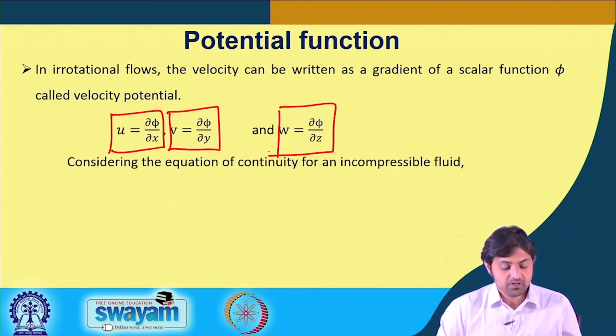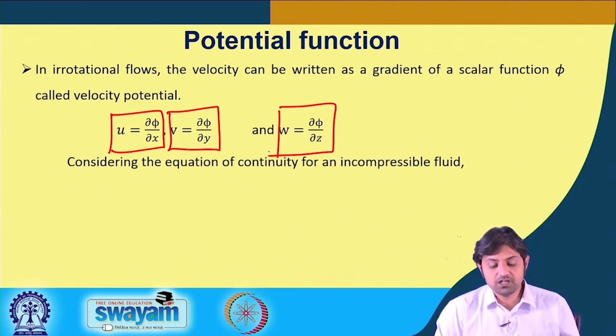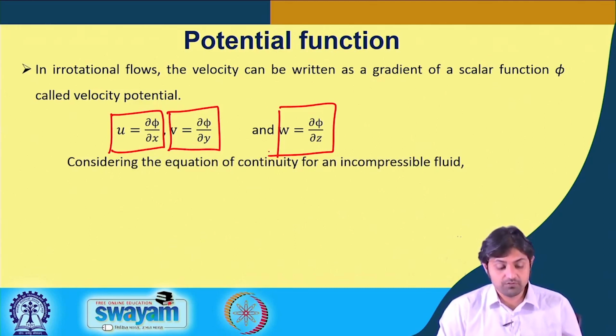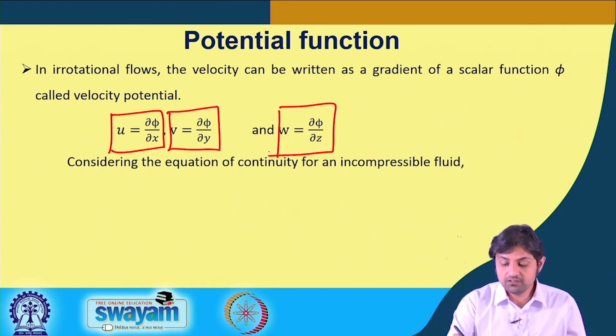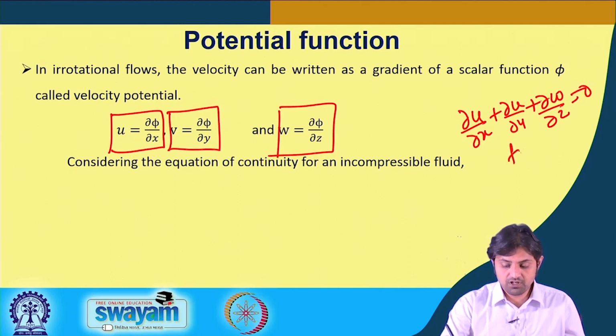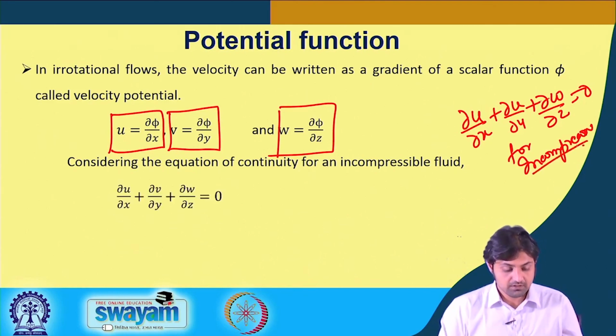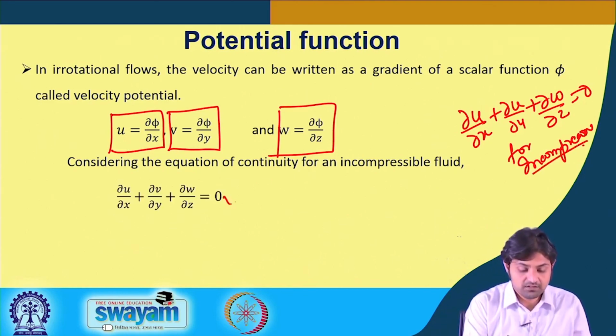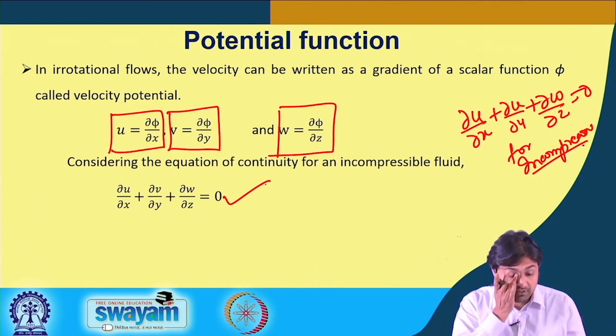Considering the equation of continuity for an incompressible fluid, what was the equation of continuity? If you recall, del u by del x plus del v by del y plus del w by del z is equal to 0 for incompressible flow. This we have already written.